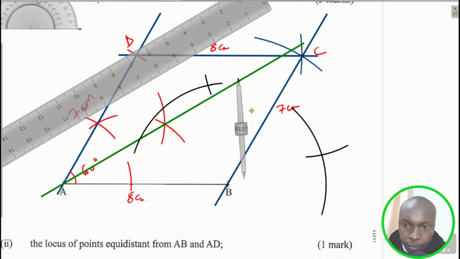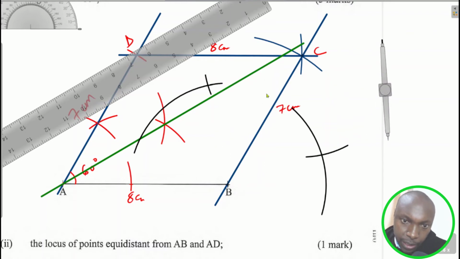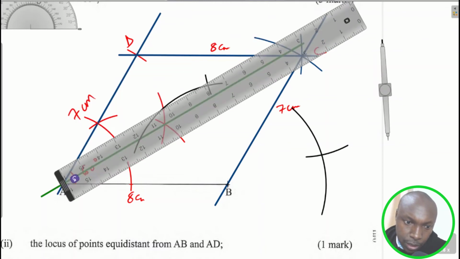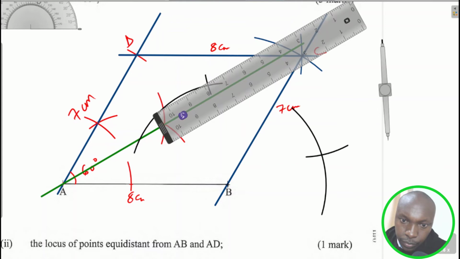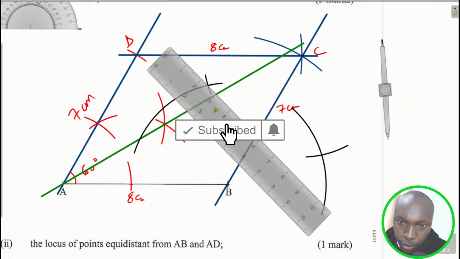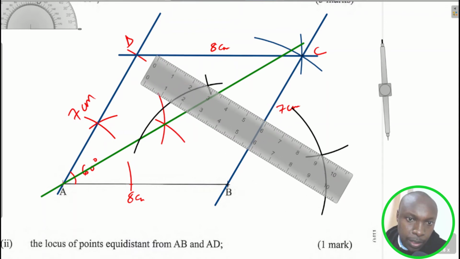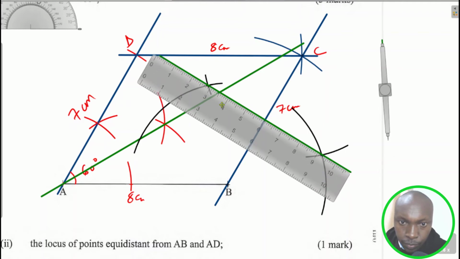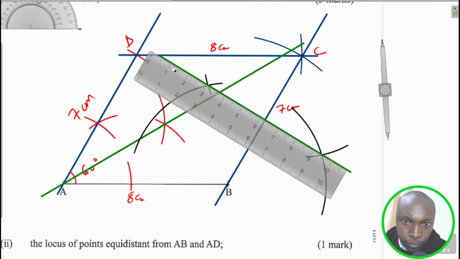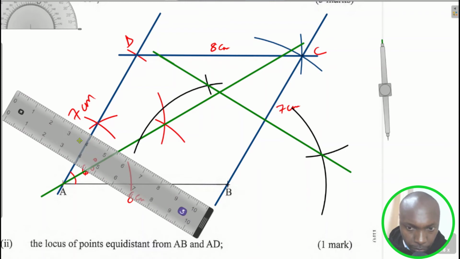Yes, it is okay. That is how we construct the perpendicular bisector of BC.